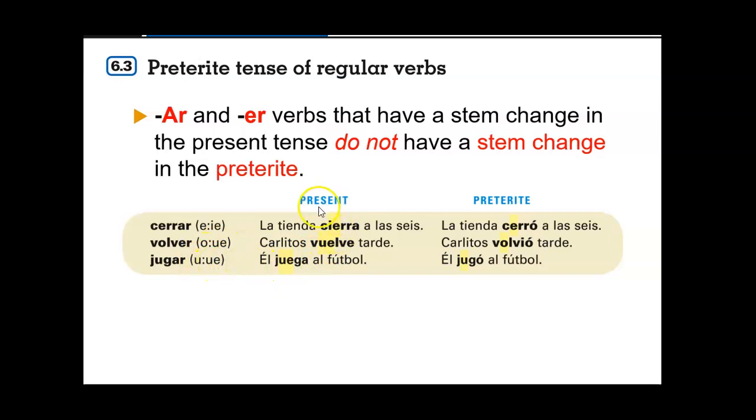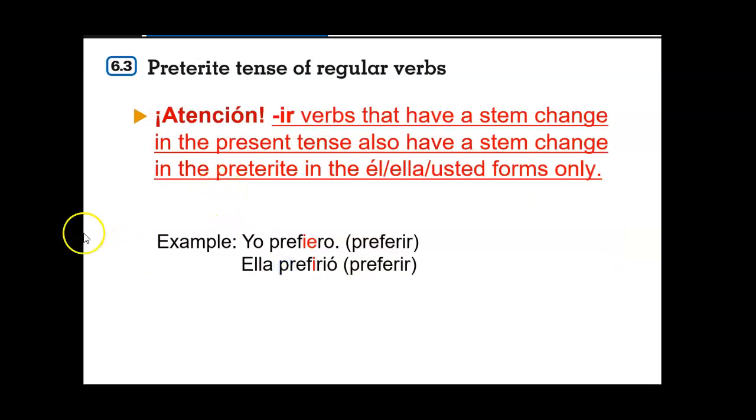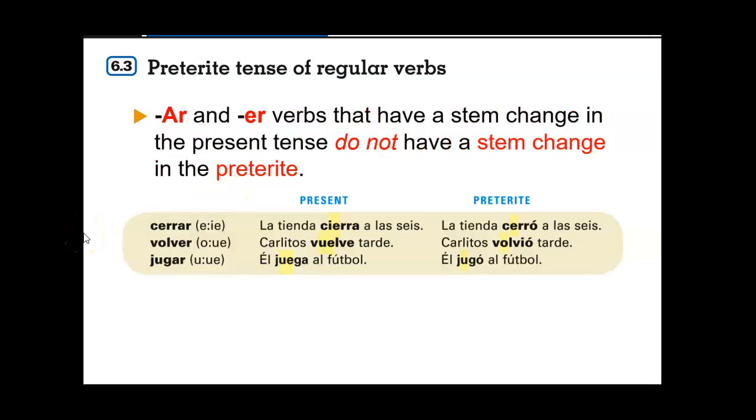All of these stem changed in the present tense, as you learned in Spanish 1, and remember it's only for AR and ER verbs. IR verbs are different. So AR and ER verbs, if they changed in the present tense, no longer stem change in the preterite. All you have to worry about is the ending. You don't have to worry about stem changing them.